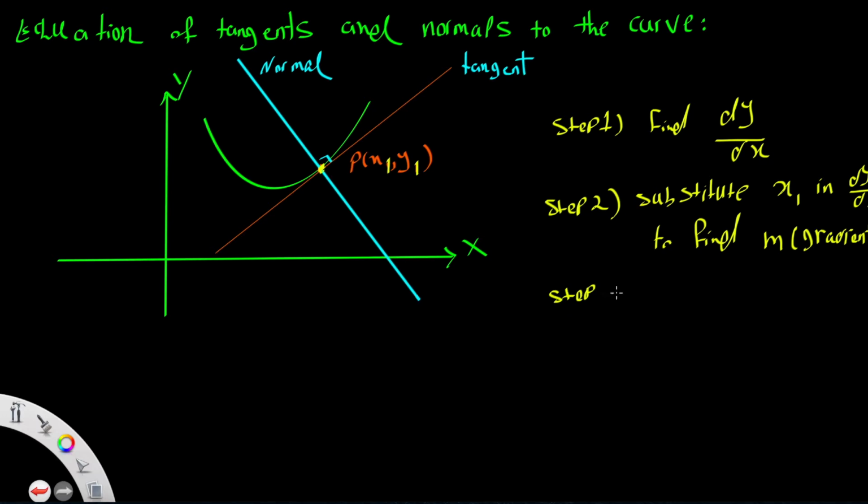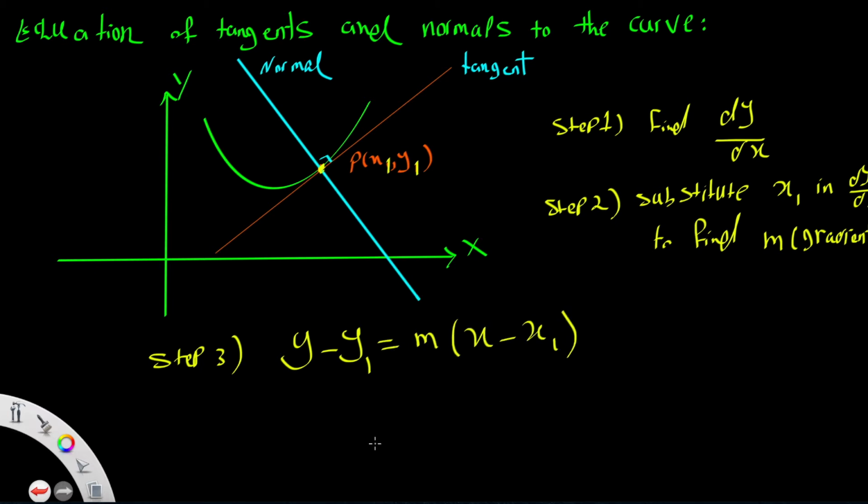Now step 3 is to write the equation of the tangent. We learned that the equation of a straight line is y minus y1, which is the y coordinate of the contact point, equal to m times (x minus x1).